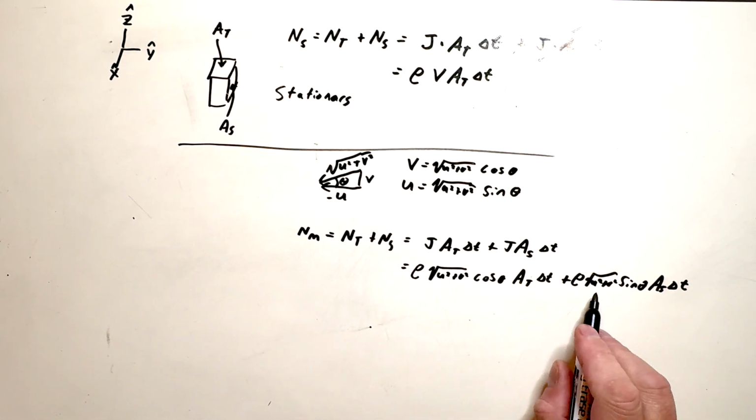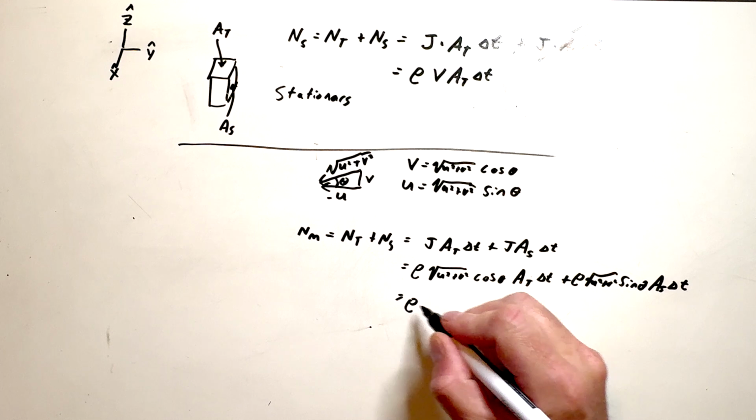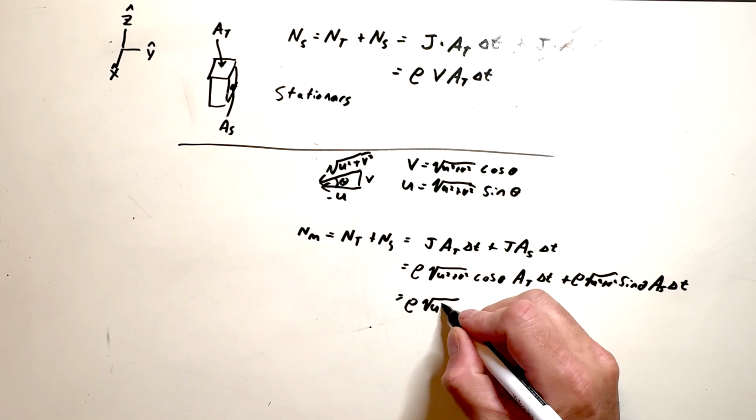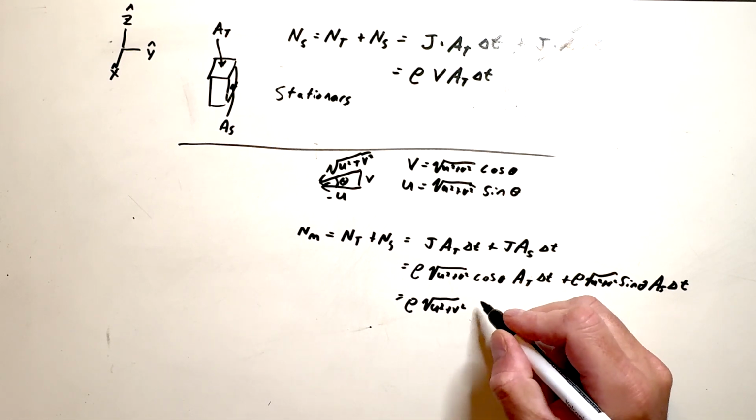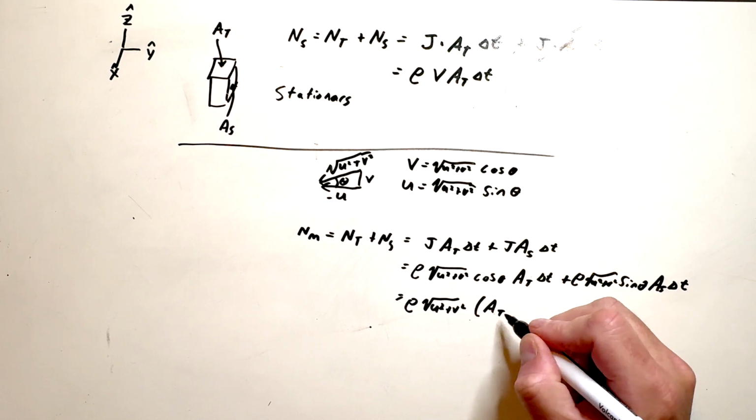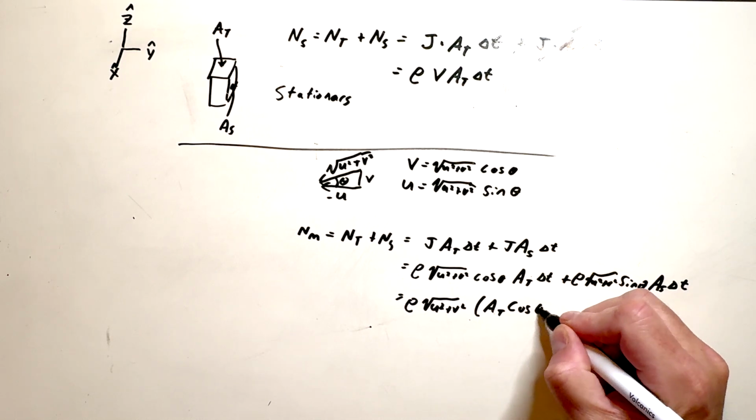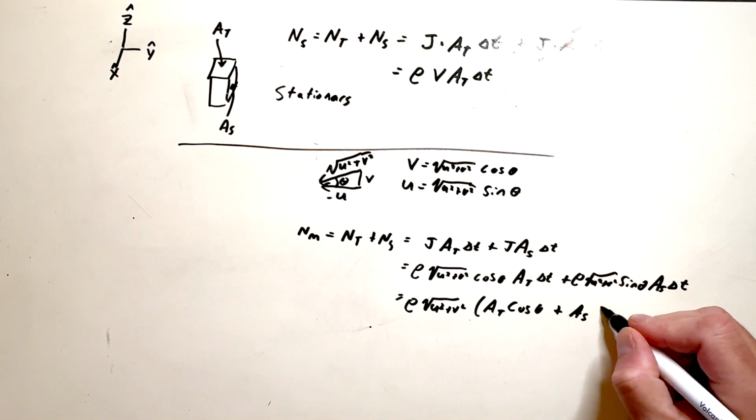And I can factor out this common term here. That's rho square root of u squared plus v squared times a sub t cosine theta plus a sub s sine theta.